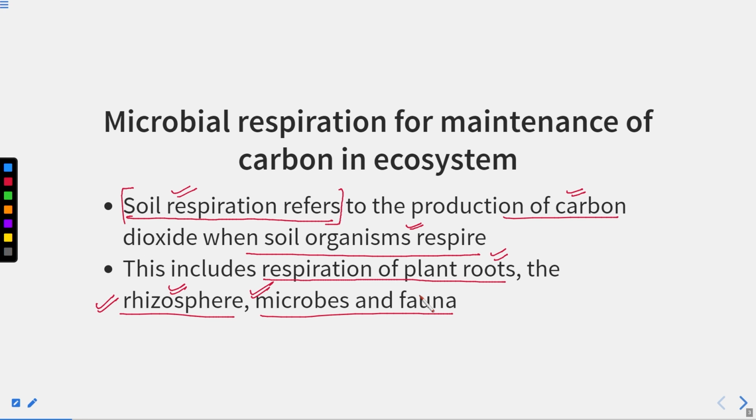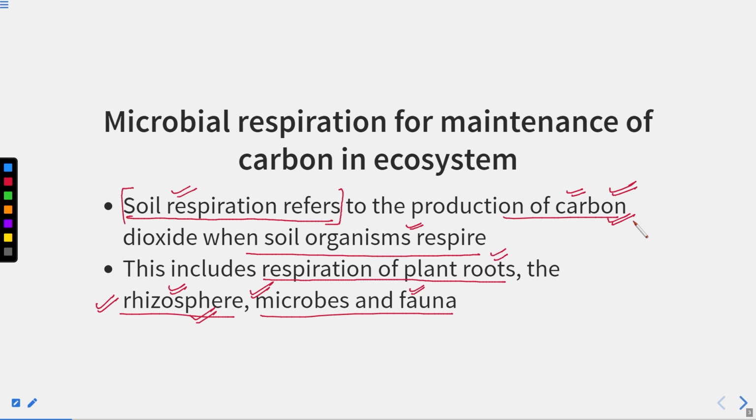They also do the process of respiration, and many small animals are also there. Centipedes, millipedes, worms. Those are also there, and they also respire. And what do they give out? Carbon dioxide, right? So this is like a world of the rhizosphere, in which plants, microbes and other fauna do the process of respiration, and they give out carbon dioxide, right?